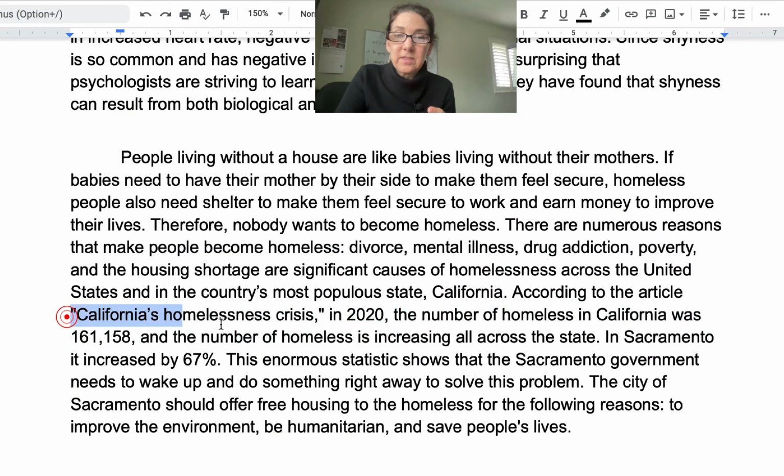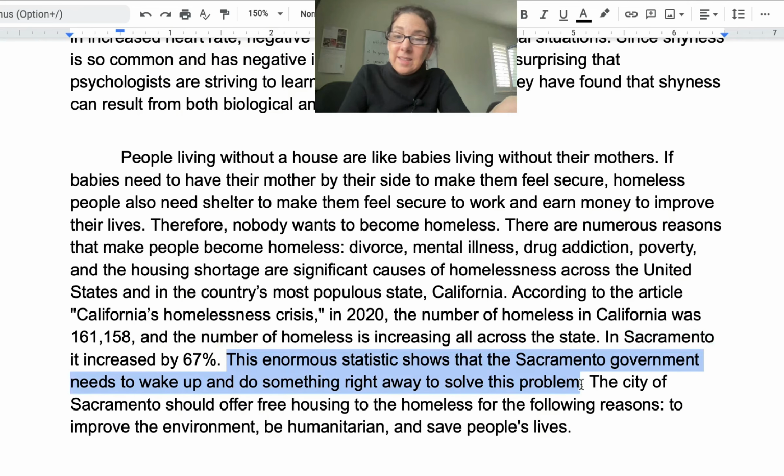This right here is the source of the information, the name of the article where she got the statistic. And she tells us that the number of homeless people was this, and it's increasing. And then she gets even more specific by talking about a city in California and how the number increased by 67%. Okay? So this tells us, why is the topic important? It's important because it's a big problem and it's getting worse.